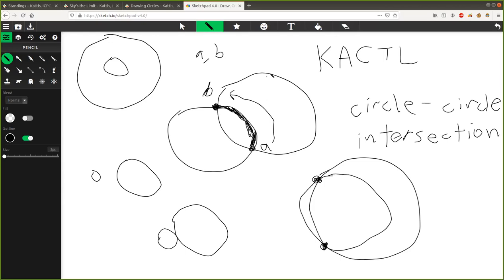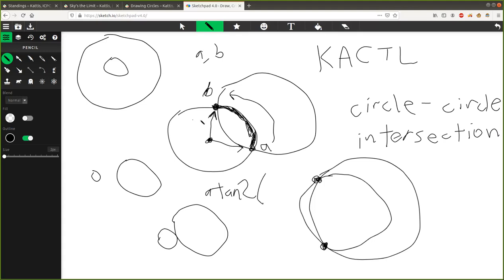I guess something I skipped over is, once you know the segment, how do you get the angles of the two events? To get from a point to the angle, you take the difference of these two points, which is a vector. And there's a function atan2.